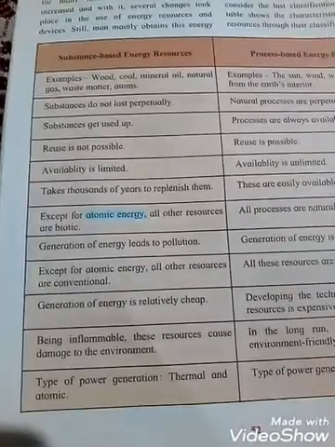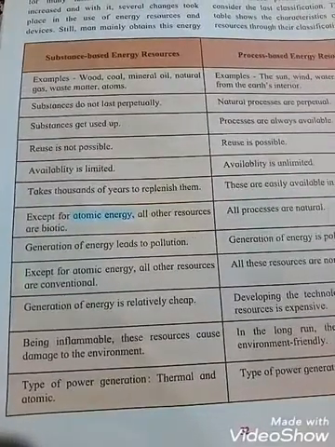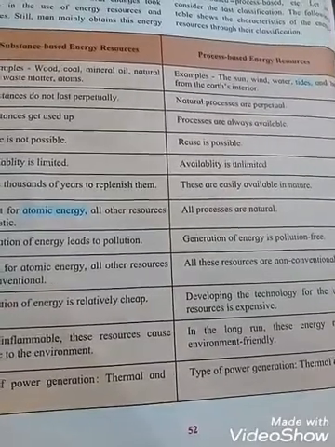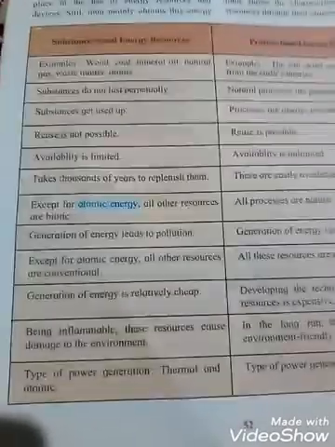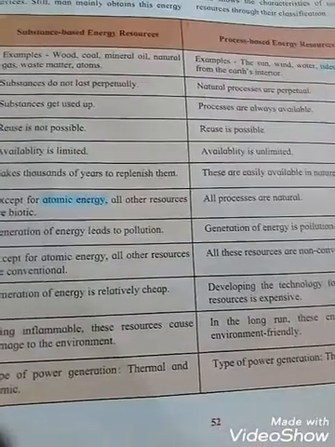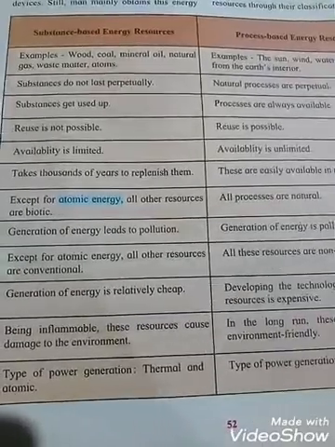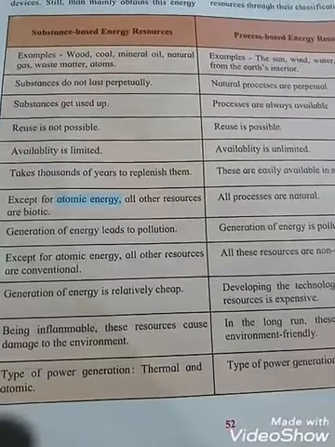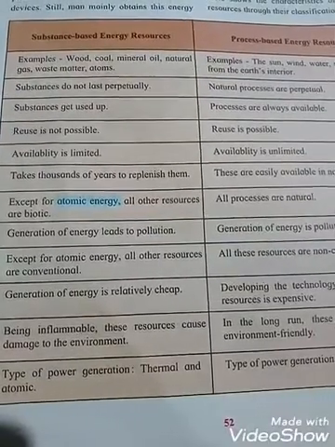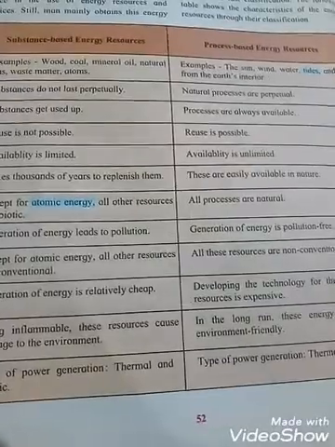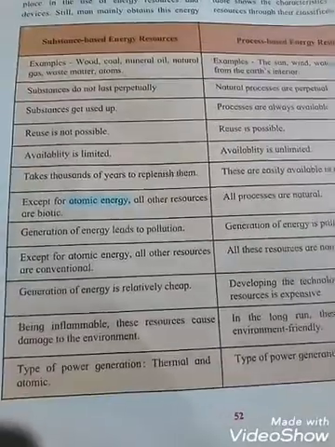Next one: substances do not last perpetually, and natural processes are perpetual. Substances get used up, and here processes are always available. Reuse is not possible. That means substance-based energy resources cannot be reused, and process-based energy resources can be reused.